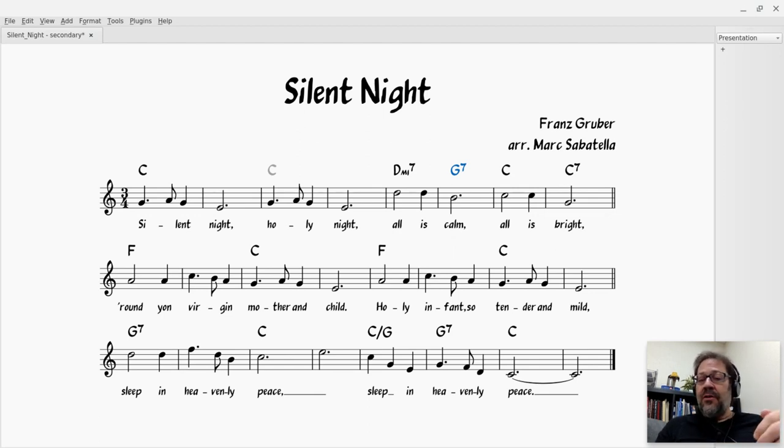It's all about the circle of fifths. 5 to 1, like C to F, that's down a fifth. Well, 2 to 5, D minor 7 to G7, is also down a fifth. That down a fifth motion is super powerful in Western music. So let's hear that little passage starting at All Is Calm Now, where we'll hear D minor 7 to G7.